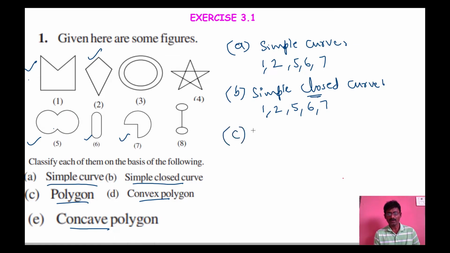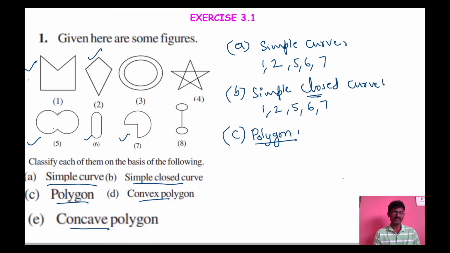Next C, polygon. What is meant by polygon? A simple closed curve made up of only line segments is said to be a polygon. The simple closed curves are 1, 2, 5, 6, 7. Out of these, which are constructed by only line segments?